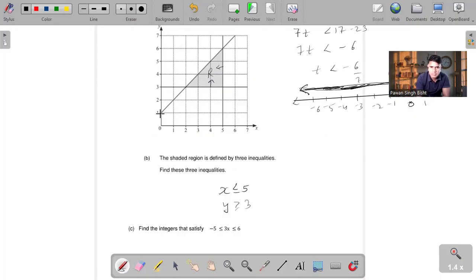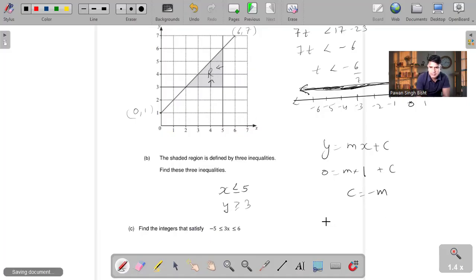Now to solve this, I need to find a minimum of 2 points. So one is x 1, y 0, 1 point, and this is x 6, y 7. I got the 2 points. Apply y equals mx plus c, right? So when I put x 1, y will be 0, so we are getting c equals negative m from here.